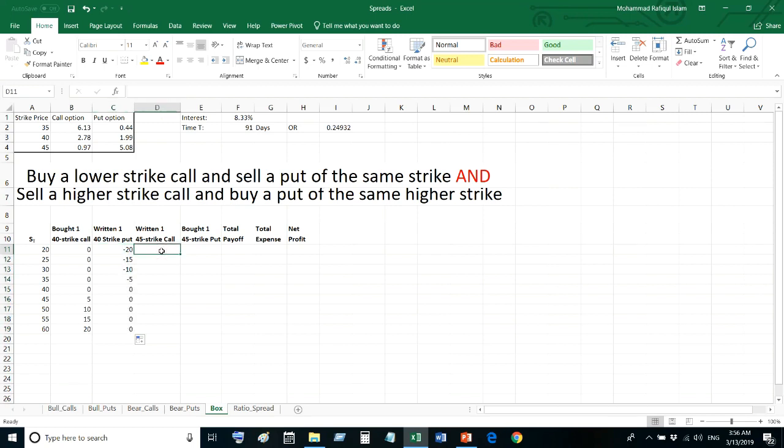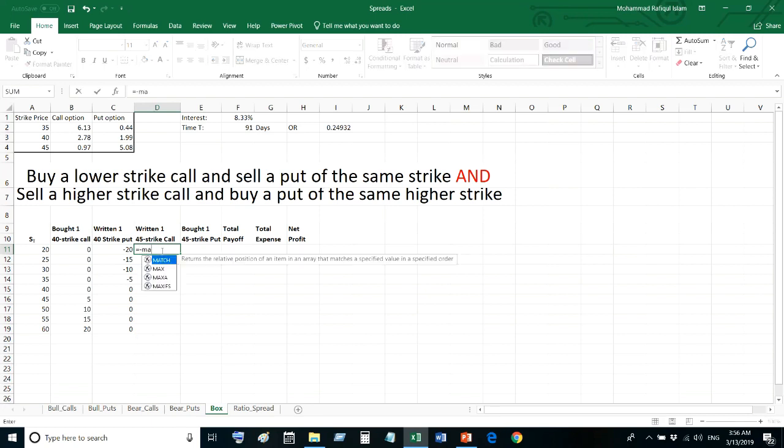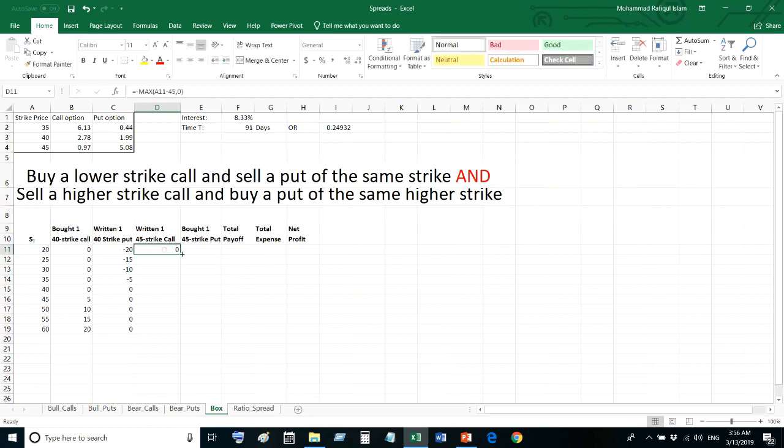Now for the written 45 call, since it's written, it's negative, and the maximum, since it's a call, is the spot price minus the strike price 45, or 0. And for buying the 45 put, since we bought it, it's positive, the maximum of, since it's a put, the strike price minus the spot price, or 0.